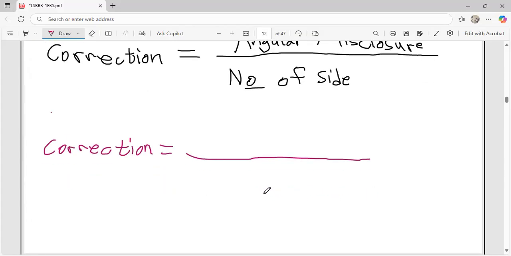The value we had was 10 degrees, 26 minutes, 4 seconds, all divided by 7, since the number of sides is 7.